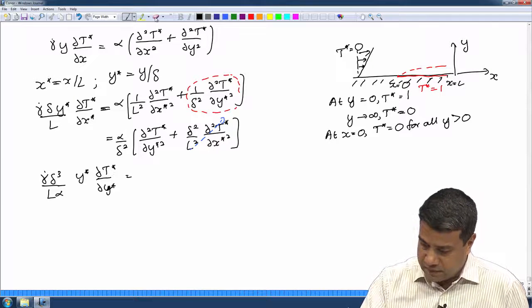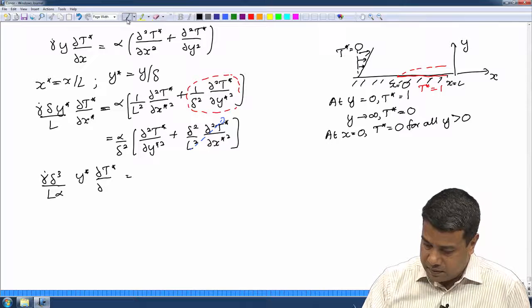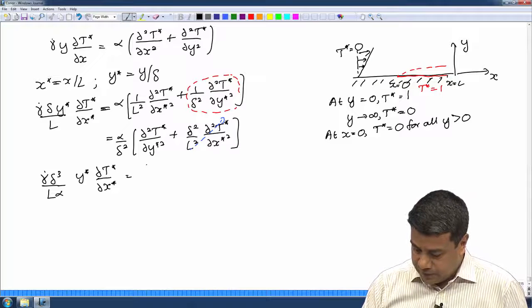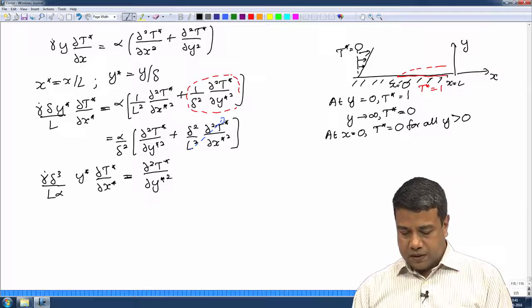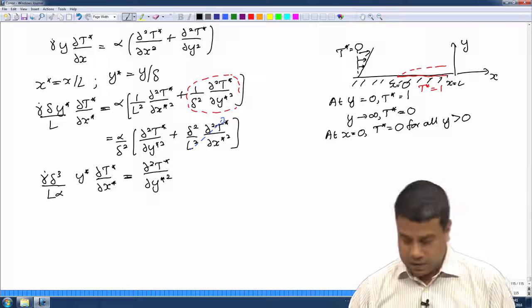On the left side you have streamwise convection, should be x, okay. So, that is the balance equation.